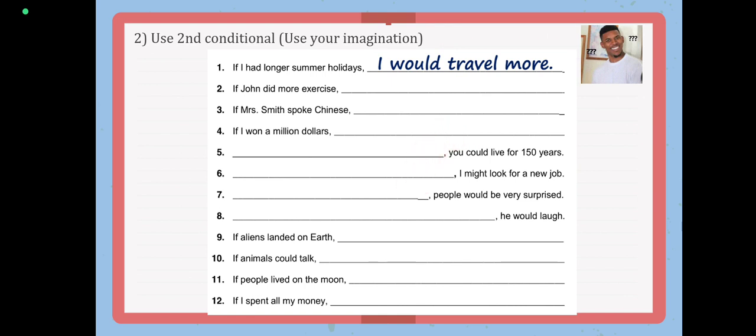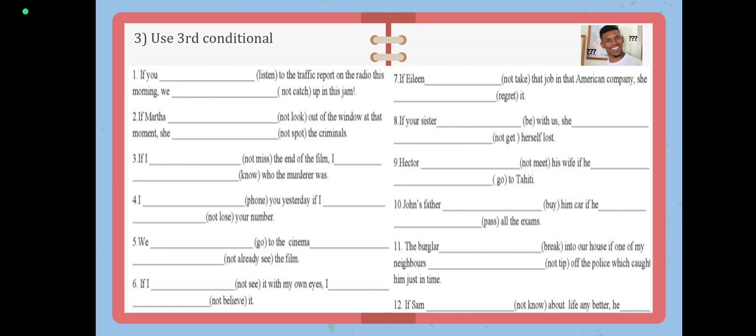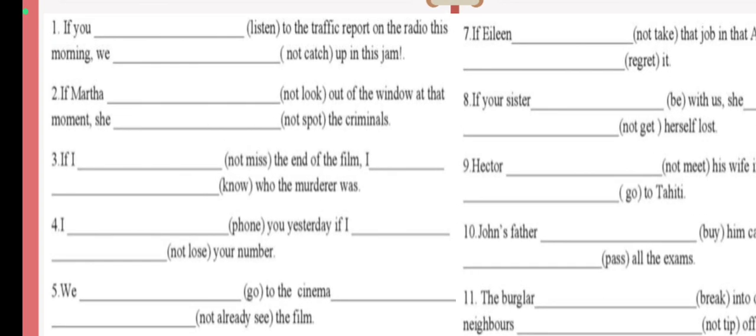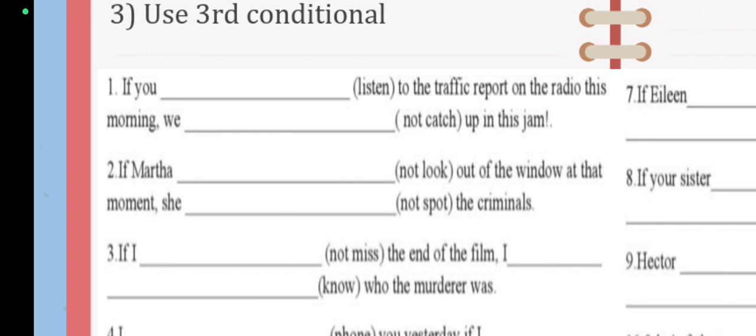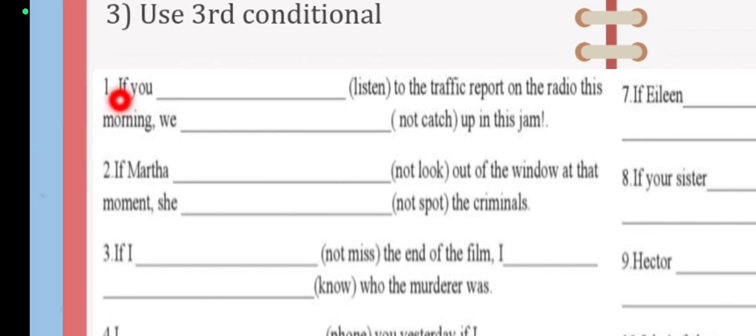Okay? So here we have third conditional. Remember, with the conditional clause, we use past perfect, and with the result clause, we use would have plus past participle.